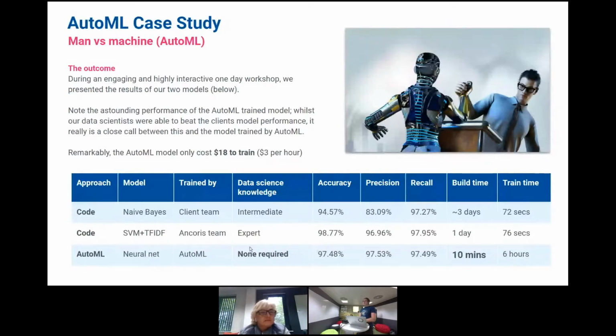So yeah, I was personally a bit skeptical of AutoML, but it's actually really, really good. You can see here, it took 10 minutes to actually build it, just a bit longer to train. Then if you're thinking, surely this thing's really expensive? Well, it costs $18 to train that model. That's crazy, right? $18. You couldn't even buy a data science book for $18. So yeah, pretty cool.